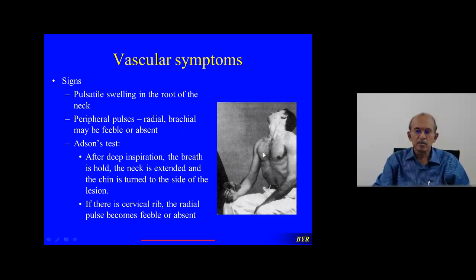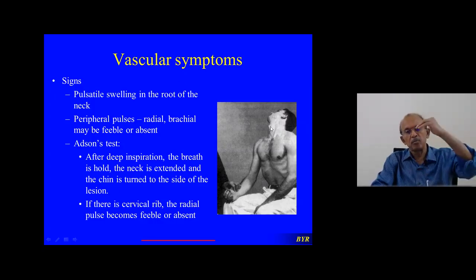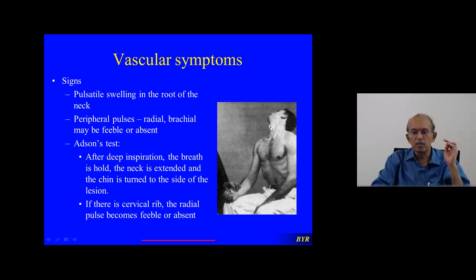And when the patient keeps the head in this posture, there will be tightening of the scalenus anticus muscle, plus the thoracic inlet is being elevated in this posture. So there will be more angulation of the blood vessel causing the obstruction. So the obstruction becomes aggravated, causing the absence of radial pulse. This is called Adson's test.